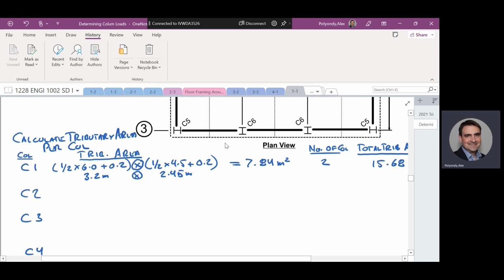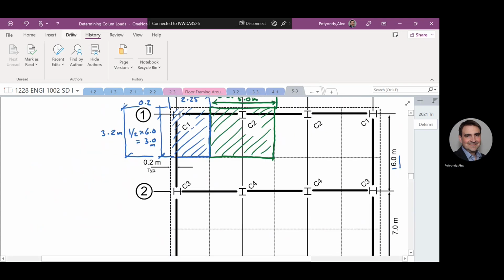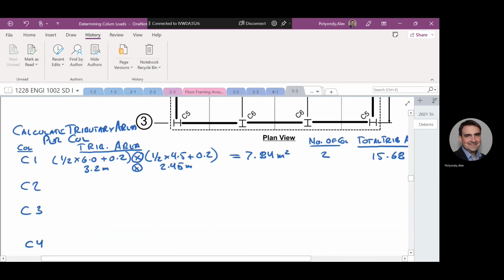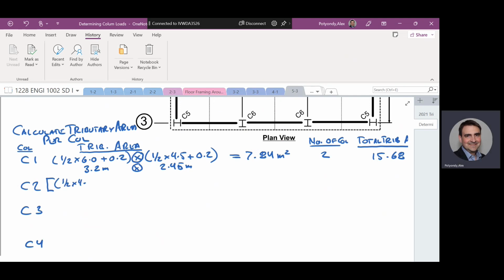So for C2, I'm going to put in some brackets here. Let's make that blue. And I'm going to write it like this. So this is C2 is going to be 1/2 times 4.5 plus 1/2 times 5.5. Close brackets. So that's one direction.